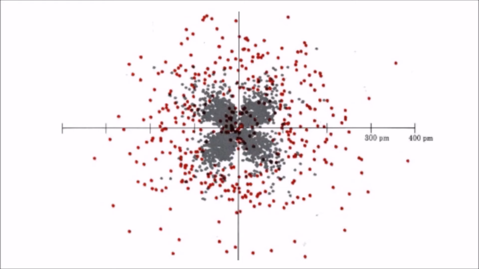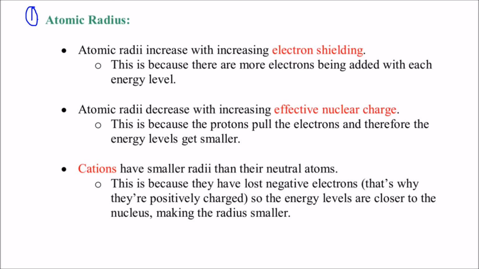Here's another electron that's pretty far out, but could it go further? I don't really know what the edge of the orbital is. So I don't really know how far out these electrons can go. So when we're talking about atomic radius, that makes it a little difficult.